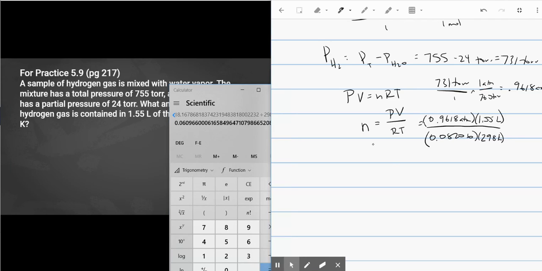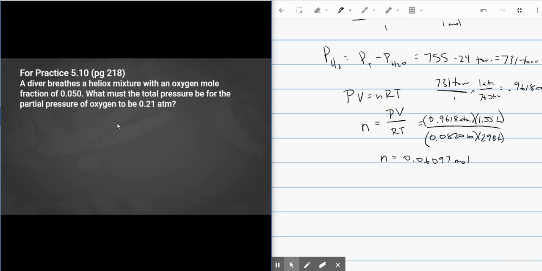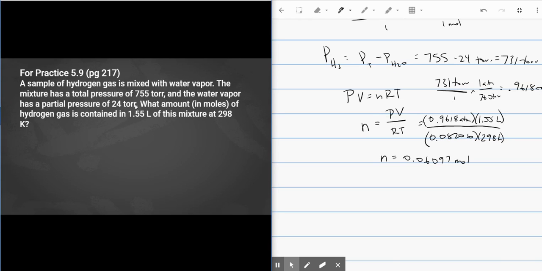And so our number of moles is going to be 0.06097 moles. Okay, for significant figures, let's look over here. It looks like the 24 torr might limit us to 2 sig figs, so that would be 0.061 moles of hydrogen gas. Right?